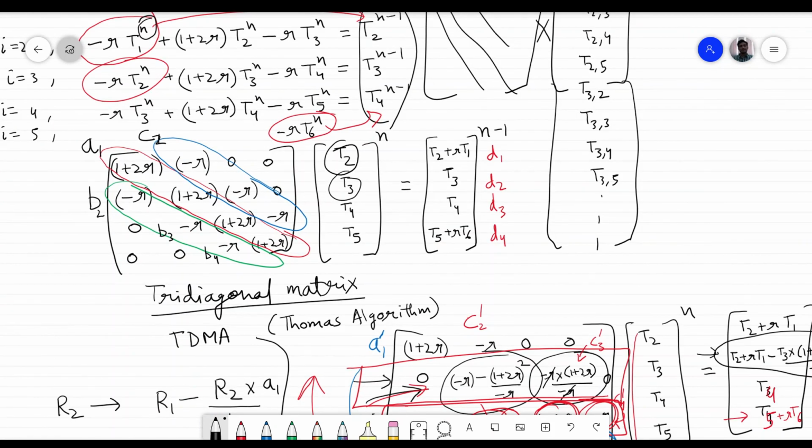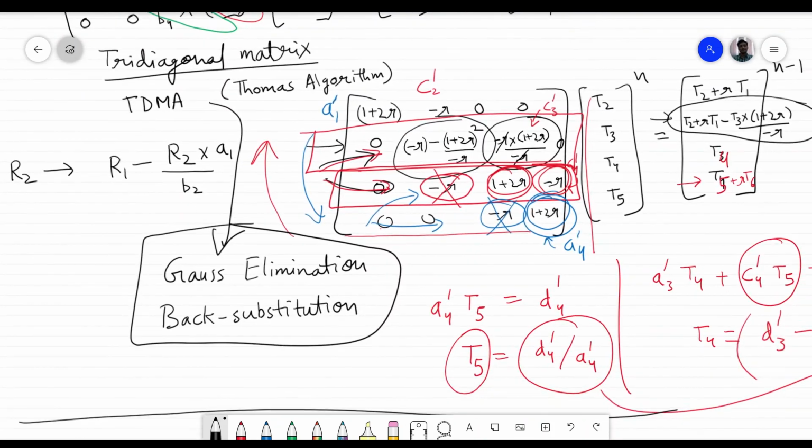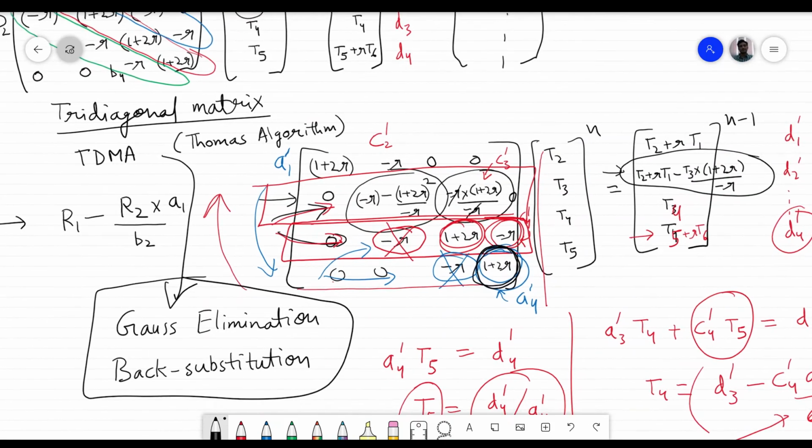But this tri-diagonal matrix algorithm works only with 3 diagonals. If you want, you can extend this Gauss elimination to eliminate the lower diagonals multiple times, so that after eliminating them, you will be left with only one element in the last row, so that again you can do the back substitution and find out all the temperatures.